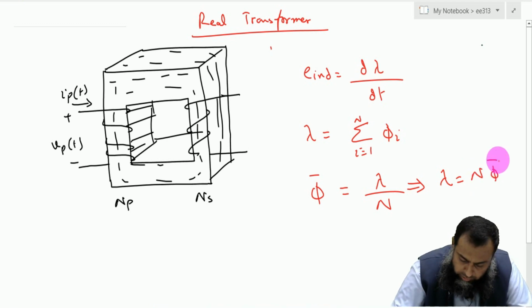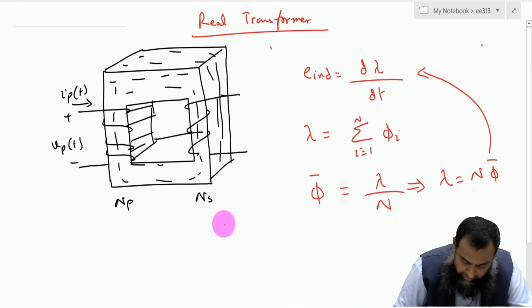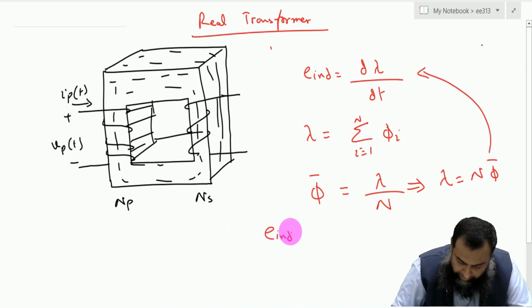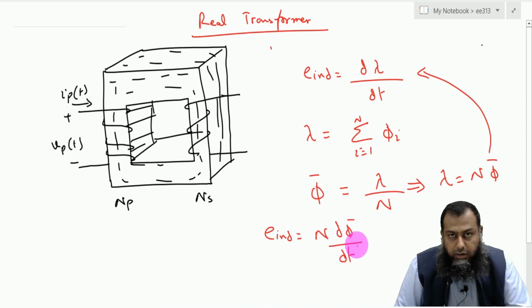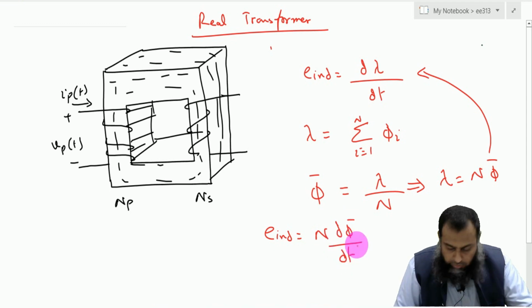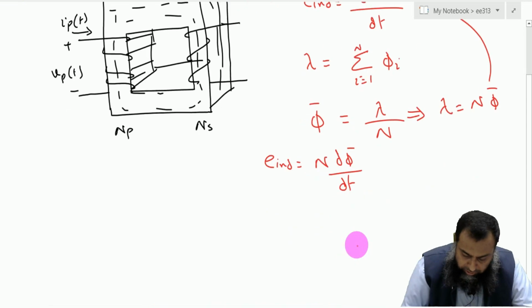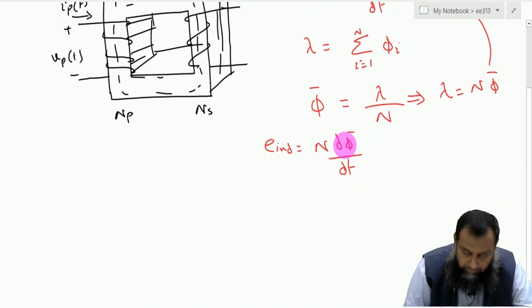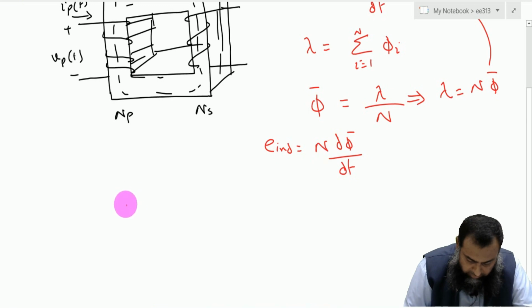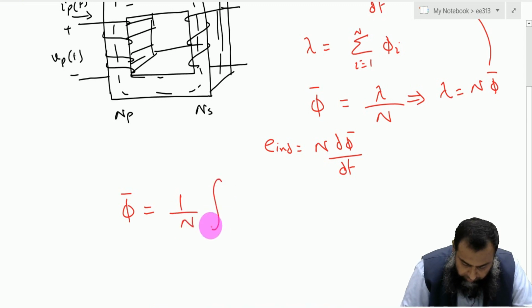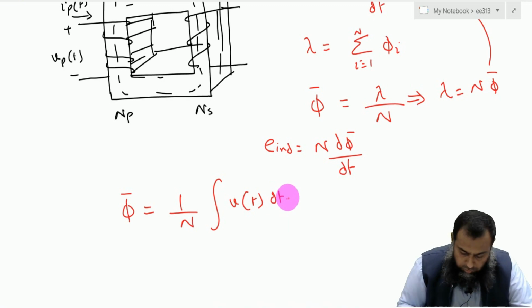If we substitute this back, then e_induced becomes equal to n times d(φ average)/dt. Solving for the flux, φ is equal to 1 over n times the integral of v(t) dt.